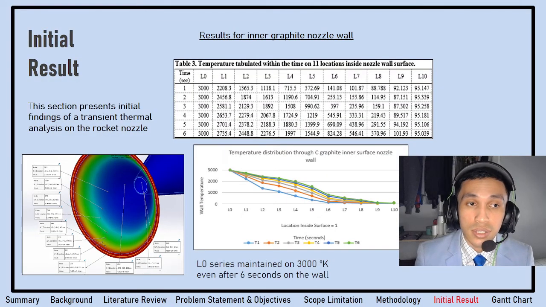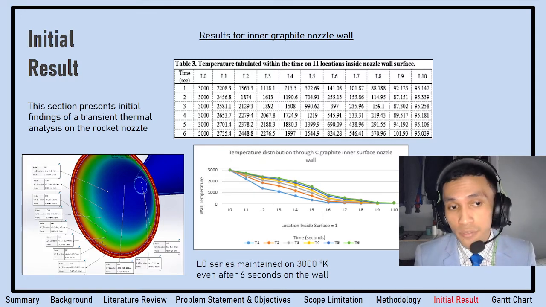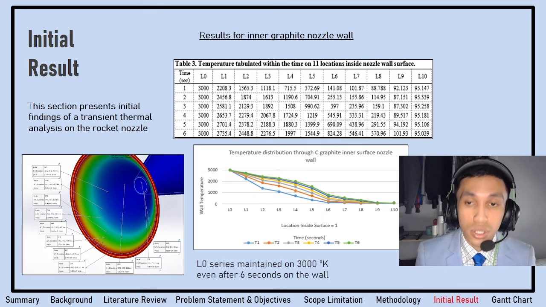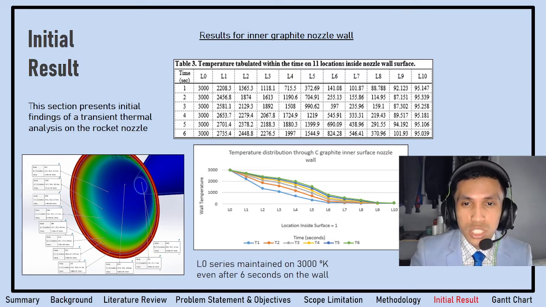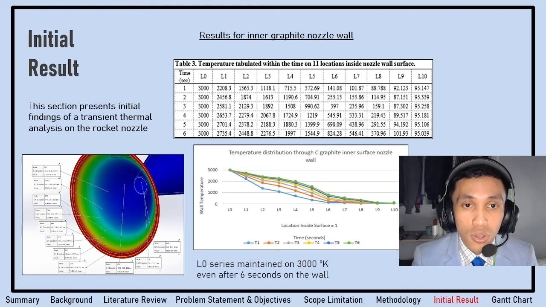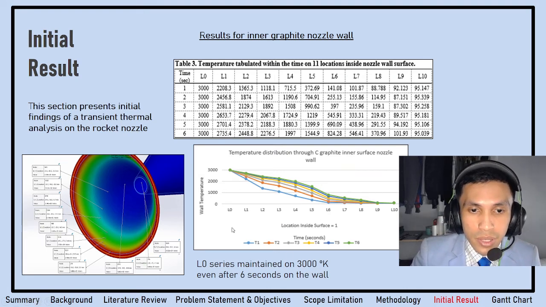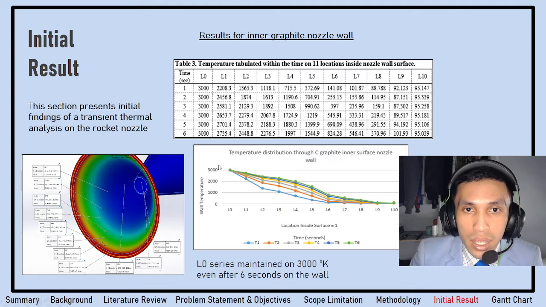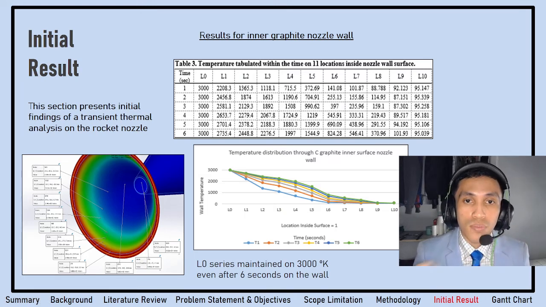So here is the initial result that we obtained. This section presents initial findings of the transient thermal analysis on the rocket nozzle. The result of the temperature of the nozzle wall against time was determined within 6 seconds, and 11 locations were taken to collect the temperature variations on the graphite nozzle wall. The L0 series here is maintained at 3000 Kelvin even after 6 seconds on the wall, as the location was appointed for the combustion firing.